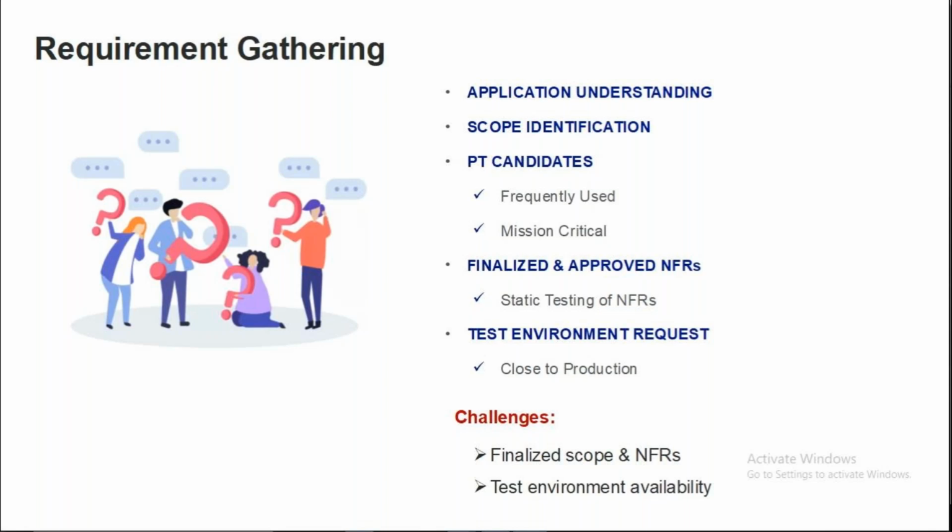You might have to change your test plan. So it is very much important that we identify the scope for performance testing by discussing with the different stakeholders: business users, solution architect, business analyst. So scope identification is very important.